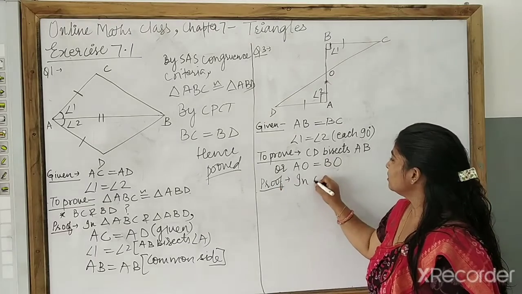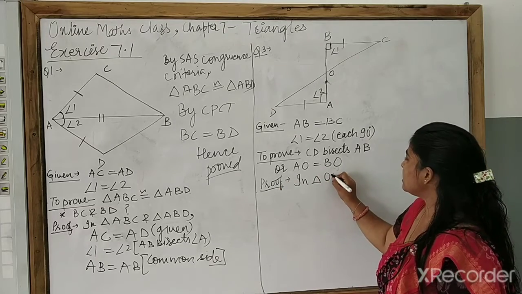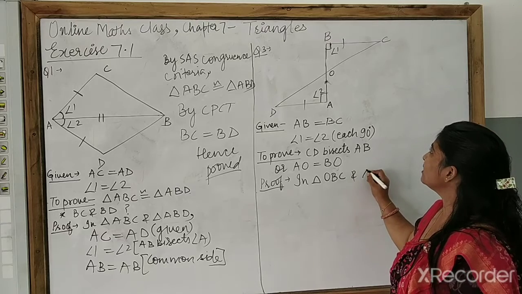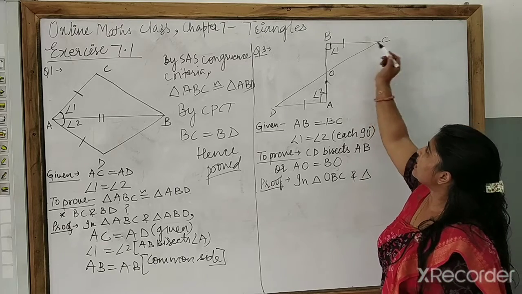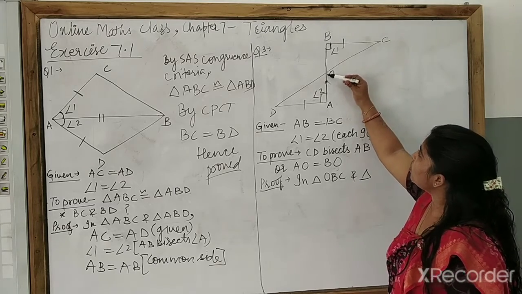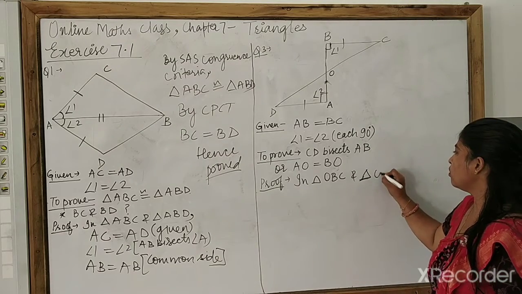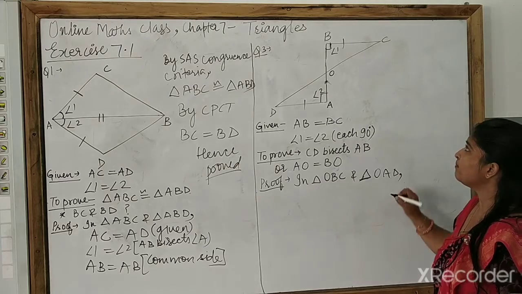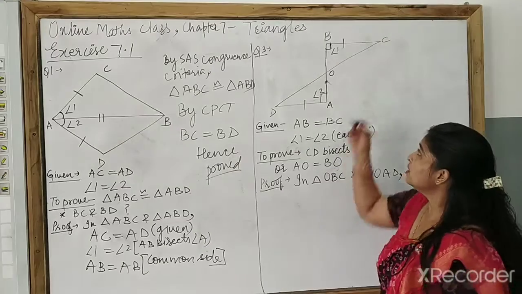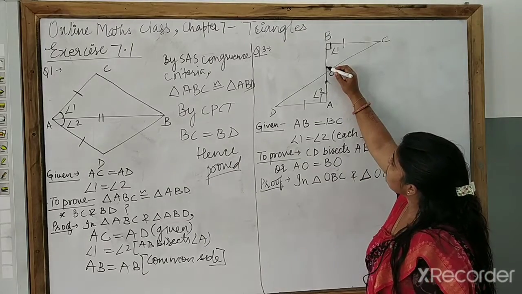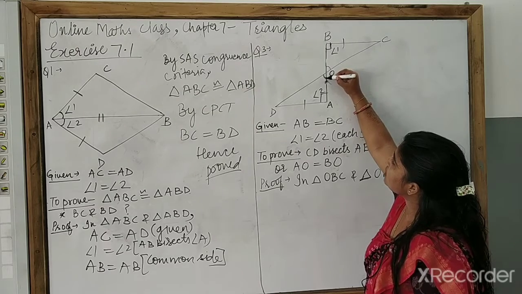In triangle OBC and triangle OAD. Can you see that these two angles are vertically opposite angles?